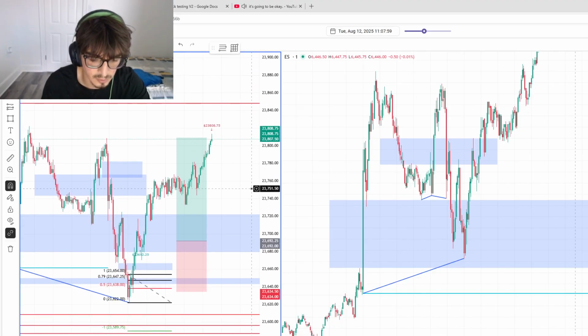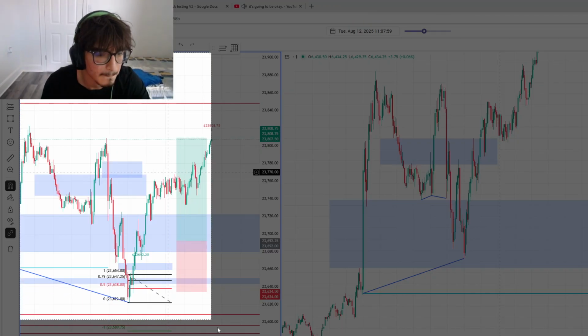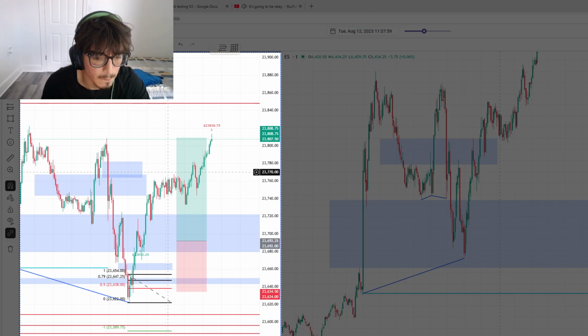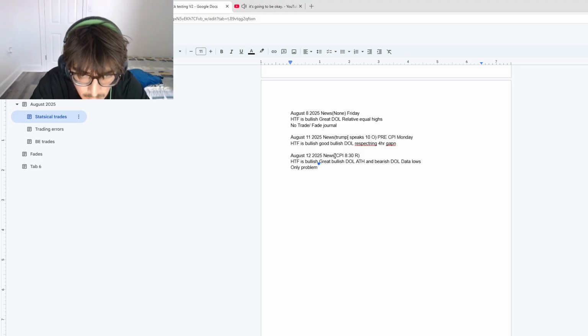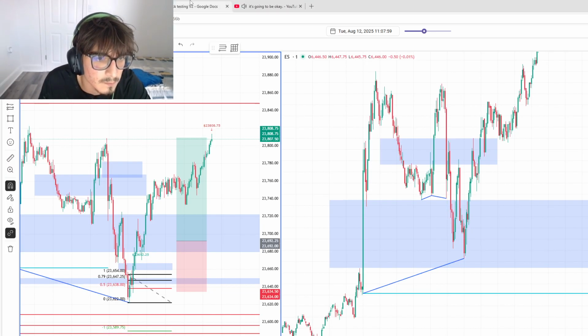Basically very similar to my trade. Now being a W. Only problem. What was the only problem? Honestly, I couldn't really find any big problems with this trade.